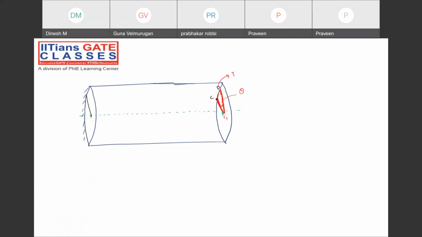Very first thing will be like this. Now let me join with this one. From C to D, the twisting is going to be happening, so it will look something like this.